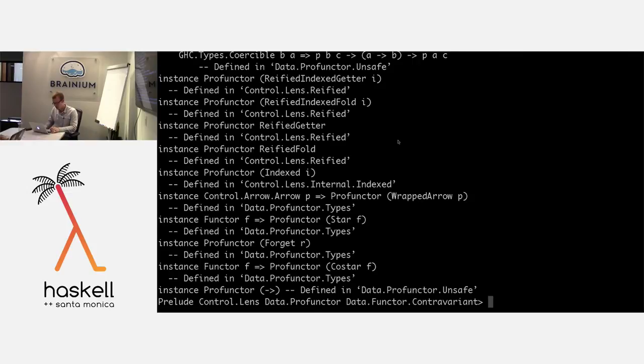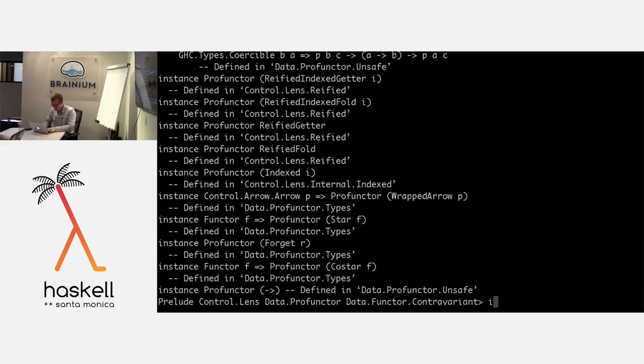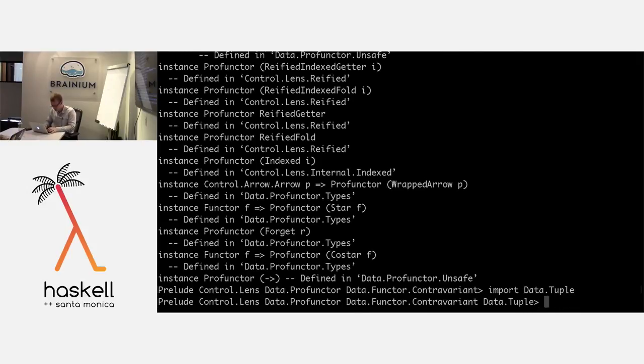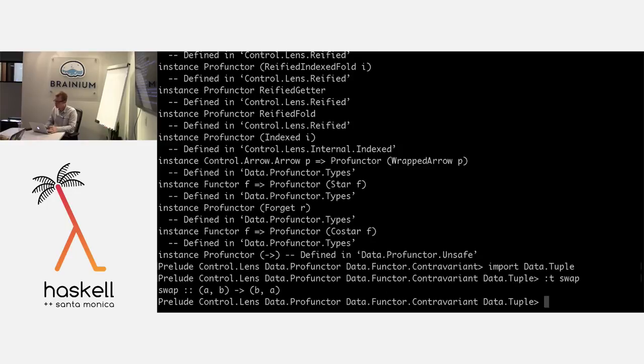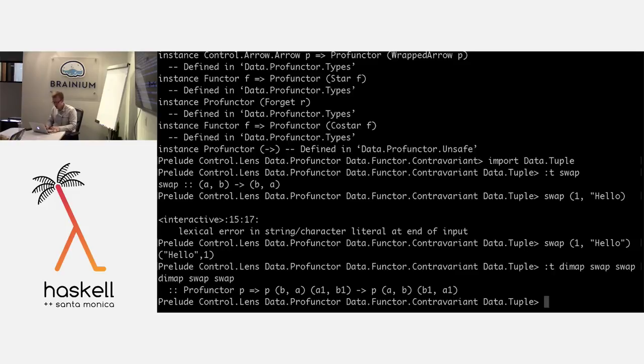So let's see. I want to give an example. We can just implement this. Okay, so if I import Data.Tuple, we have this function called swap. It takes a tuple and it just reverses the order of the arguments, right? Just flips them around. So I'm going to do swap of 1 and hello, and get hello 1. Okay. So if I look at the type of dimap and I apply it to swap twice, okay, then that gives me this.